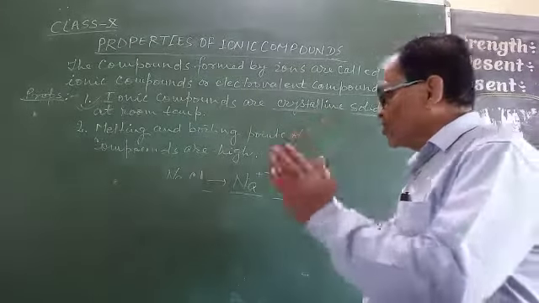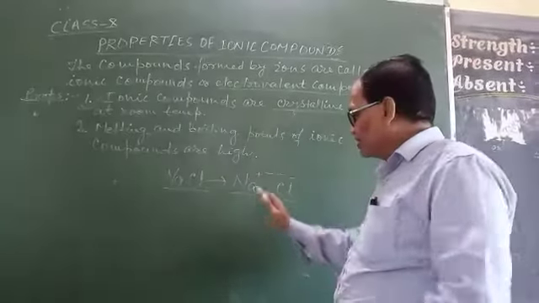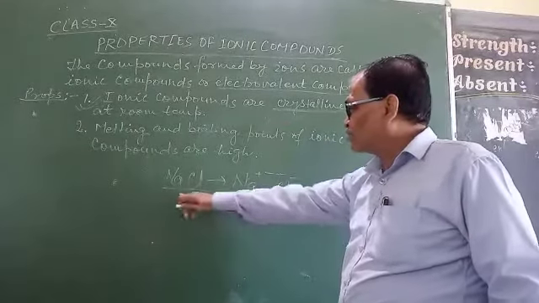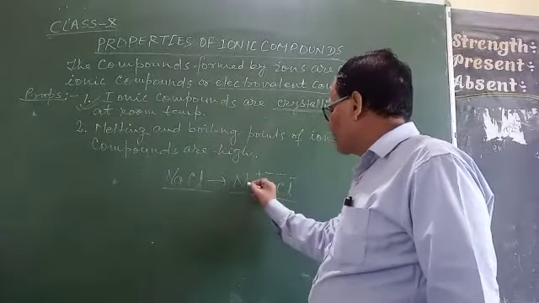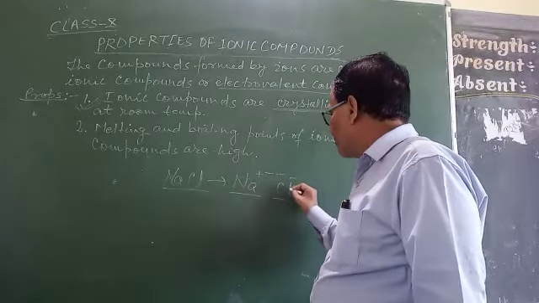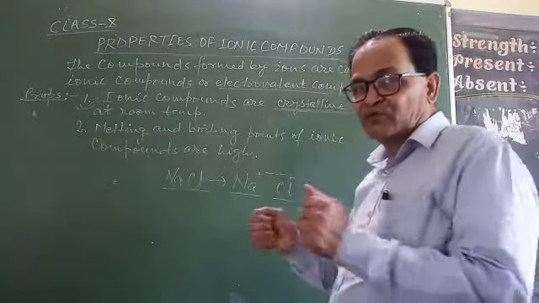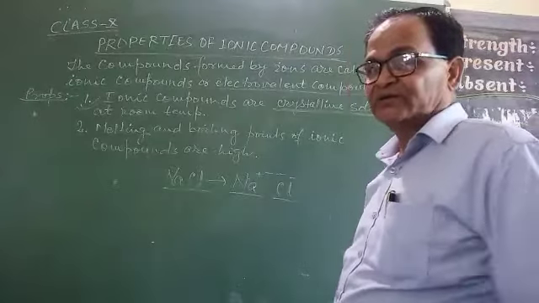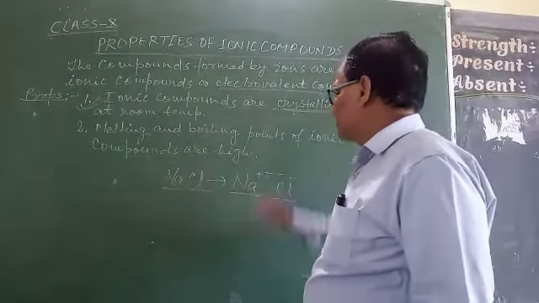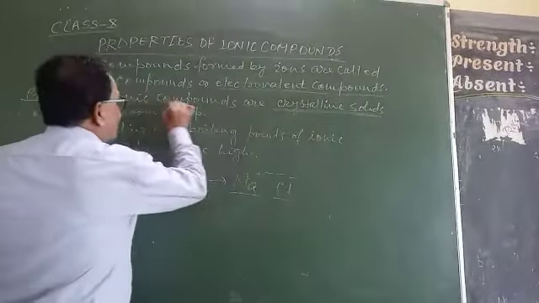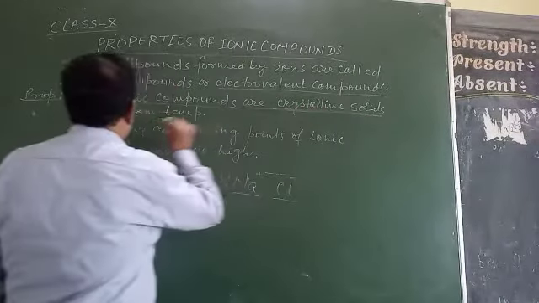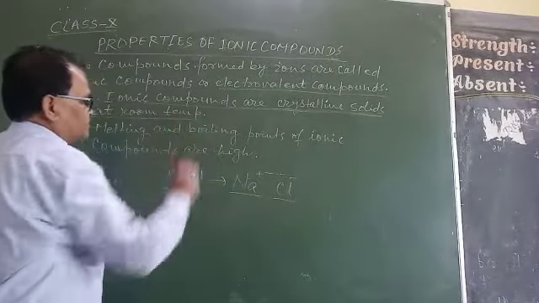Due to a strong binding force in ionic compounds, for example NaCl, sodium ions and chloride ions are packed together tightly. Due to this, these compounds are solid at room temperature.